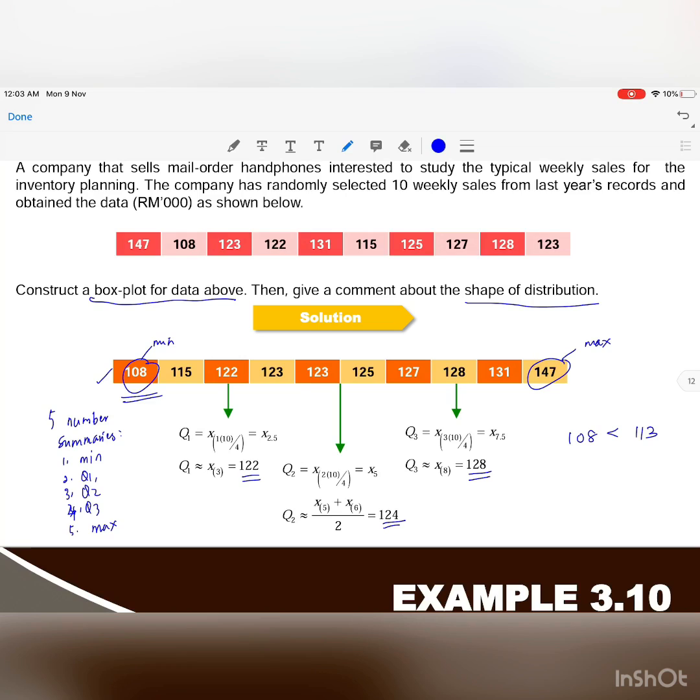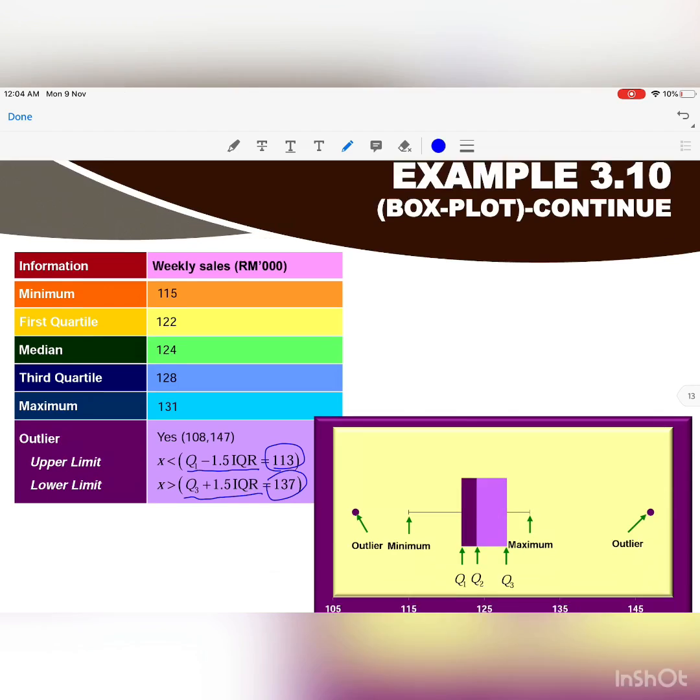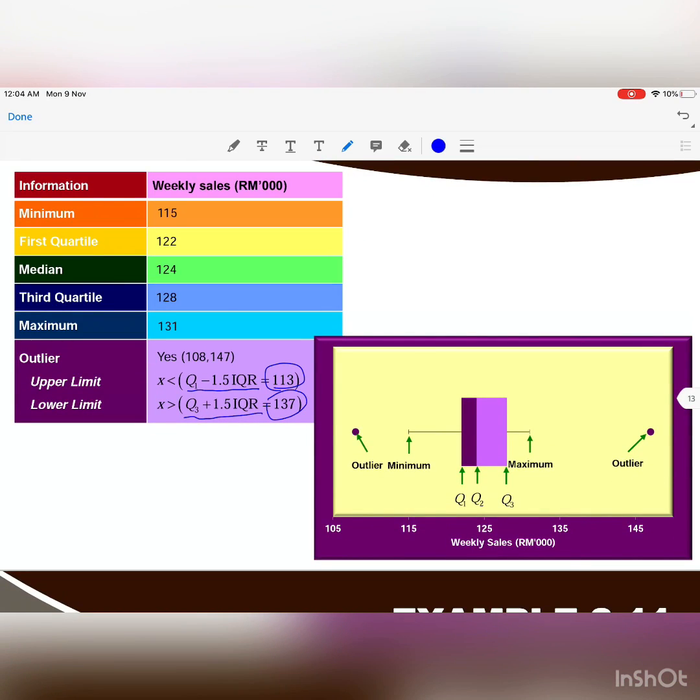Look at this one. Yes, we have one more outlier here, which is 147, because 147 is greater than 137. So we have 2 outliers here: 108 and 147.